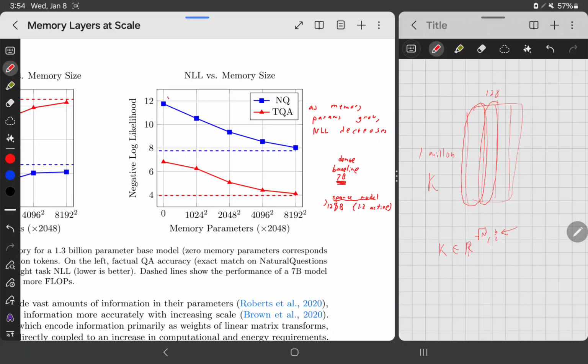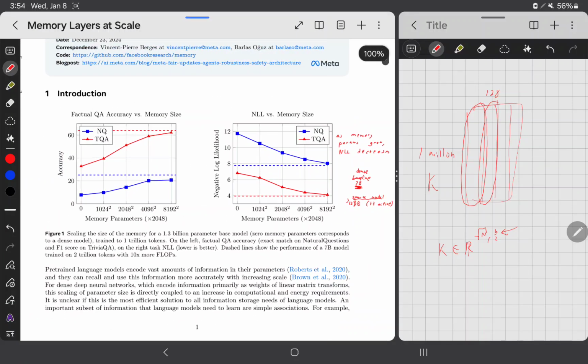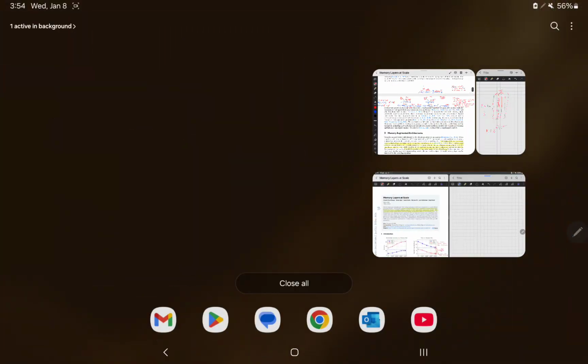So as you increase it, it nears the performance of a full rank model. However, it utilizes way fewer parameters than the full rank model. So a lot fewer parameters that are actually being utilized while you get the same performance. So that's interesting. Yeah, that's what they show here.